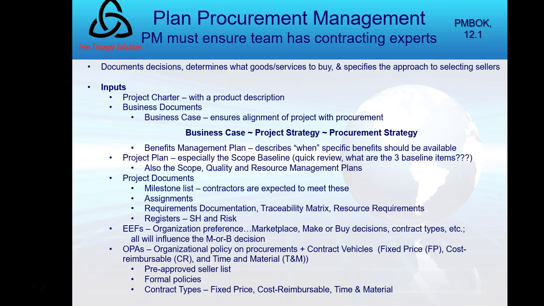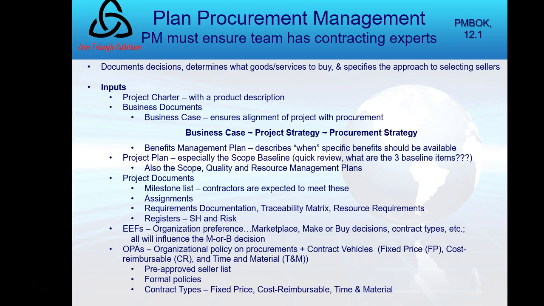And then, of course, EEFs and OPAs. When I say OPAs this time, though, because we're in procurement management, these are contracts. I want you to be aware of the 3 types of contracts that you will be tested on: fixed price, or FP, cost reimbursable contracts, or CR, and time and material contracts.